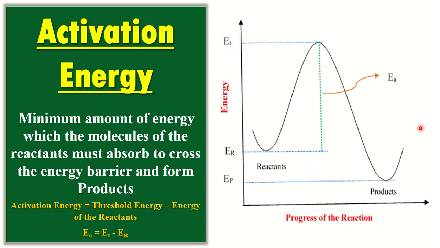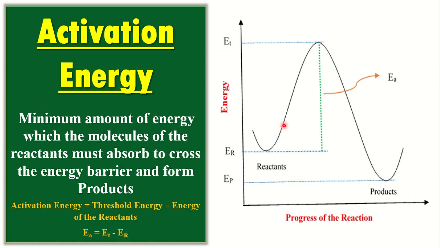To understand more about the threshold energy, let us understand this graph. This level indicates the energy of the reactants, which is usually higher than the energy of the products. So ER in this graph represents the energy of the reactants, while EP represents the energy of the products. Now, for this reaction to take place, when the reactant molecules collide against each other, their energy increases.